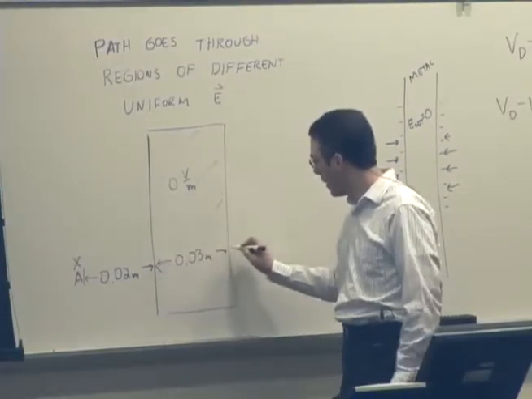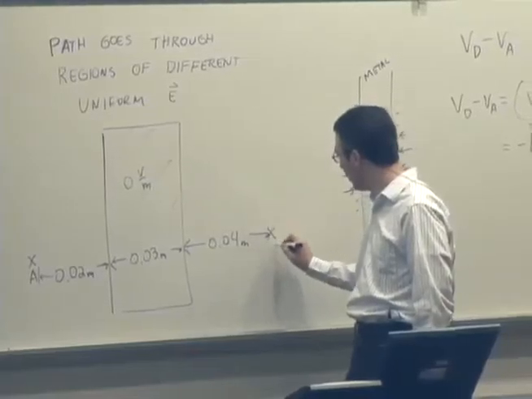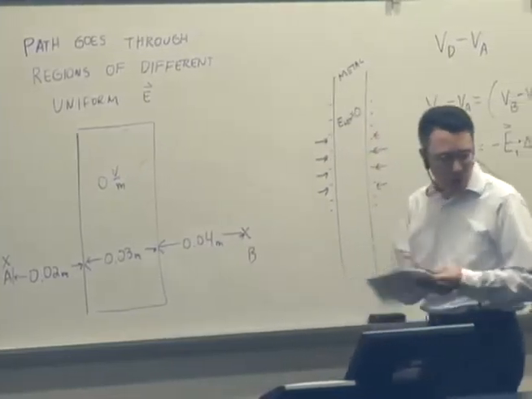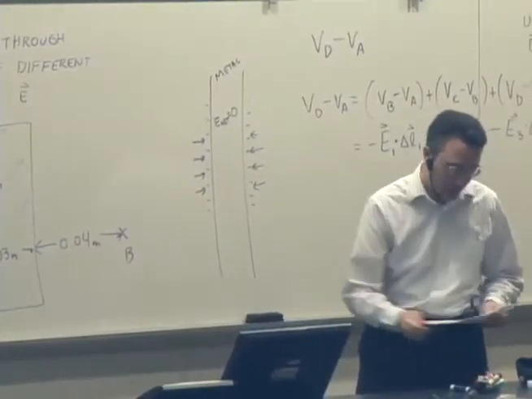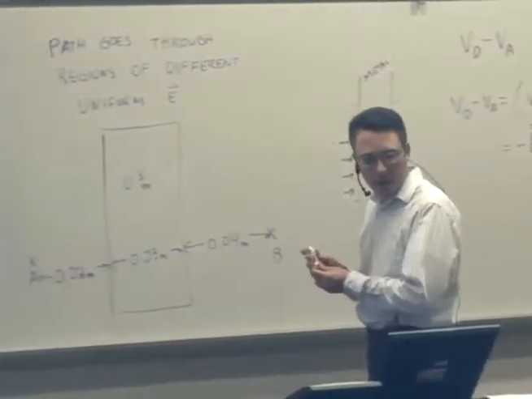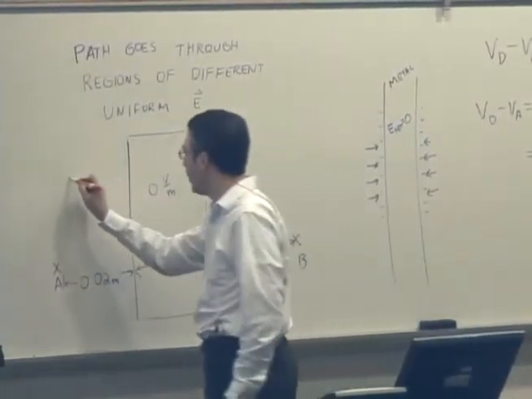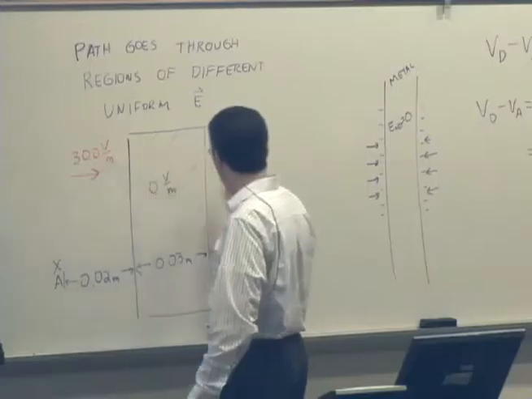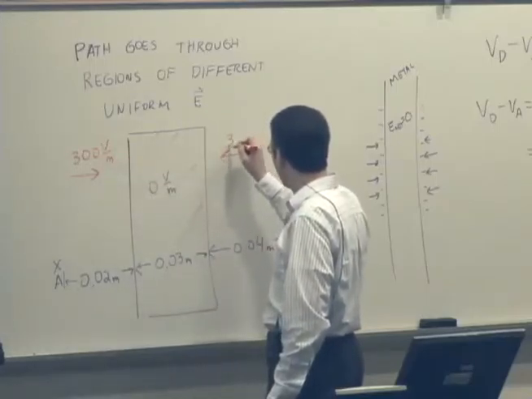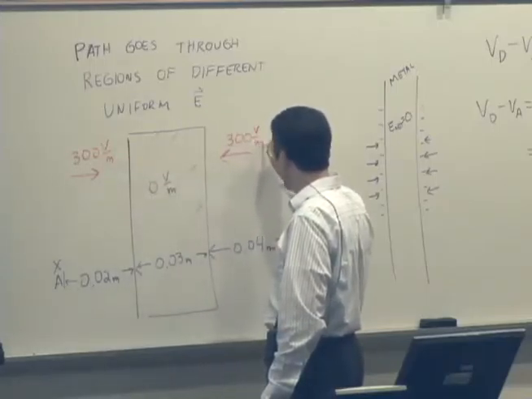And then the distance from the surface to B is 0.04. Okay. So, electric field on the left side is pointing in the positive x direction, 300 volts per meter. Negative x direction on the other side, 300 volts per meter.